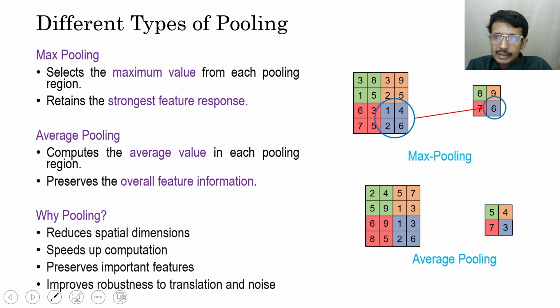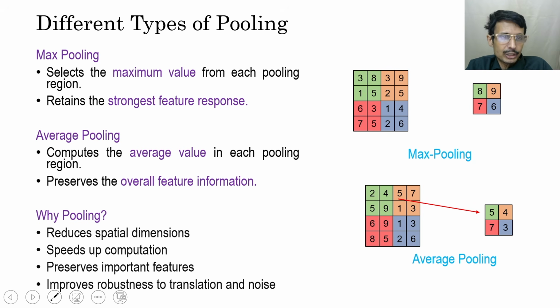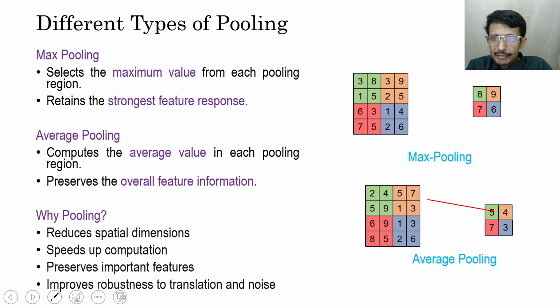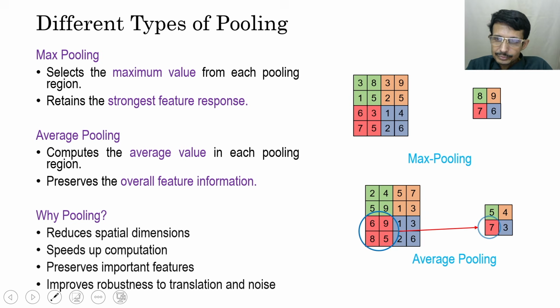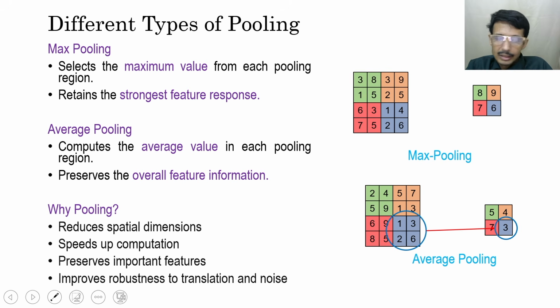Next comes average pooling. Average pooling computes the average value in each pooling region. This is 5. Similarly we average it out: if you take 12 plus 4, 16, 16 by 4, something like that, we get this, and so on. Now, why is pooling necessary?